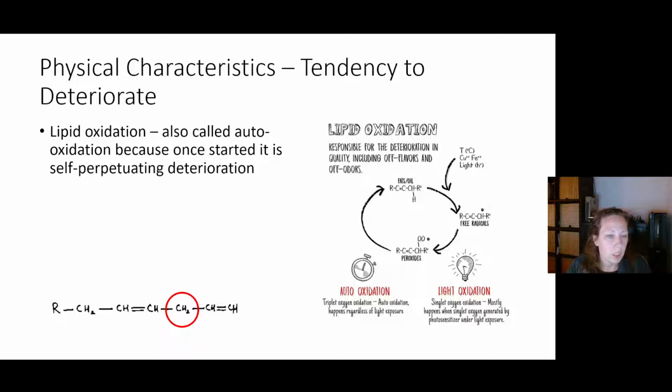Okay. And so here I'm showing you, it's always this carbon that is bound to a carbon with a double bond that is susceptible to this.